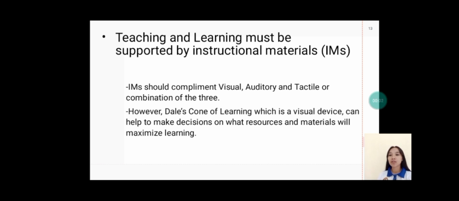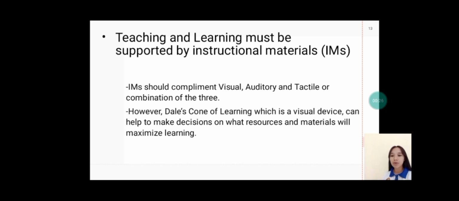Now let's continue. The teaching and learning must be supported by instructional materials or IM. These instructional materials are important tools that help in the learning process. They include things like books, videos, charts, and hands-on activities because students have different learning styles.